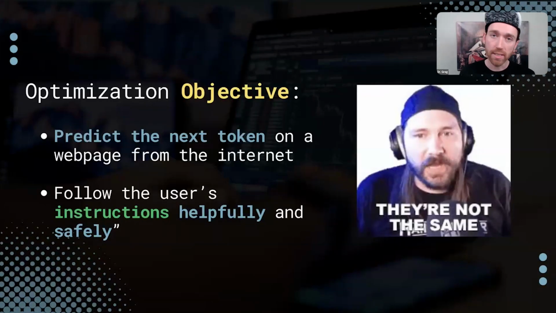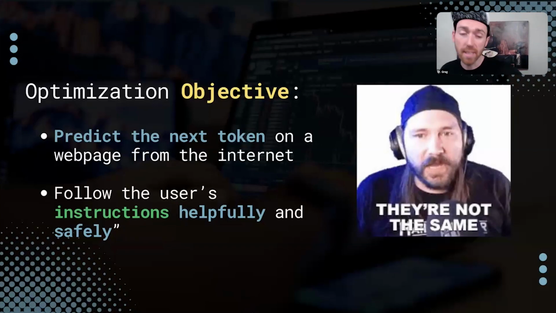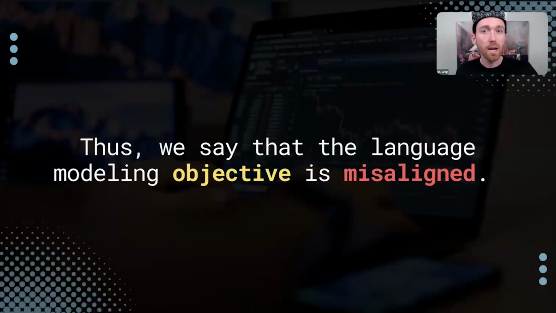Multi-objective optimization is quite difficult, and we want to avoid it pretty much at all costs. We were in a paradigm where we were predicting the next token. We moved to a paradigm where we want to now follow the user's instructions. We want to be helpful, and we want to do it safely. This is the idea of alignment. We want to move our optimization objective into an instruction following space, but not just following instructions, doing it safely.